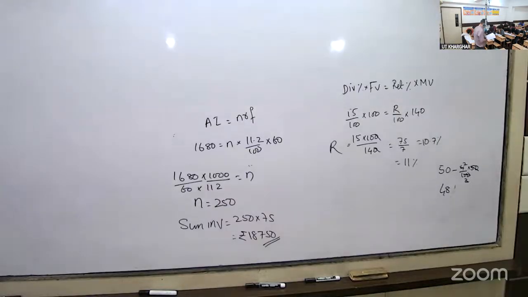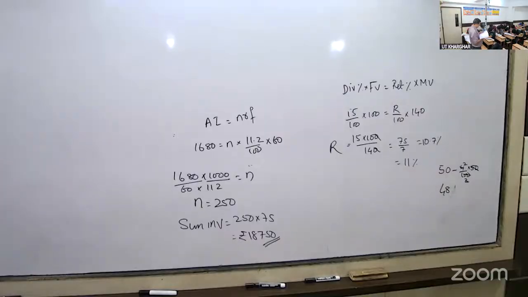Annual income is equal to number of shares into rate into face value, 360 into 12 by 100 into 10. 432 rupees. Selling price of one share, SP of one share is equal to 21 rupees.